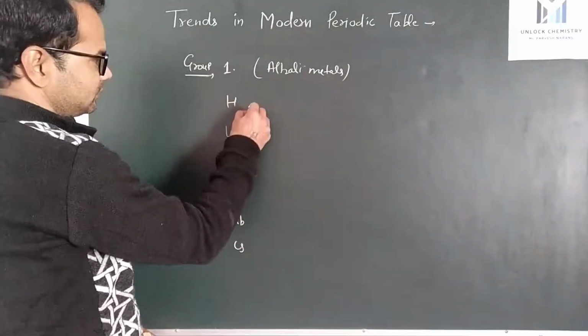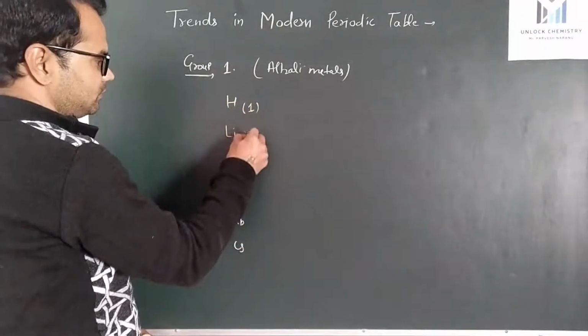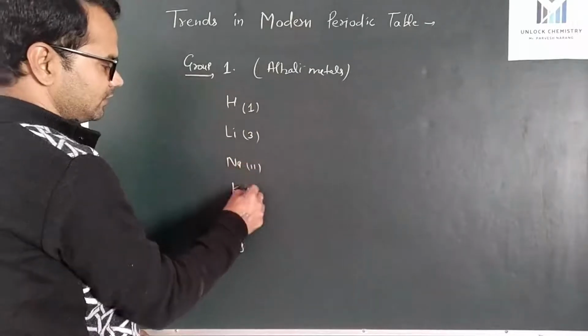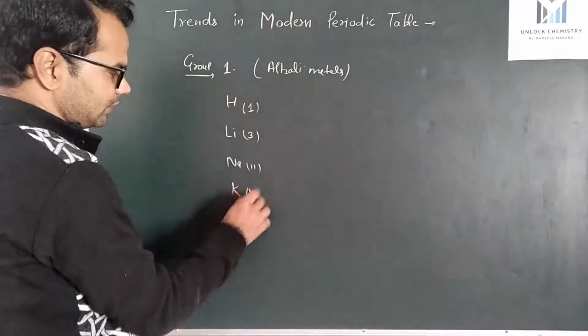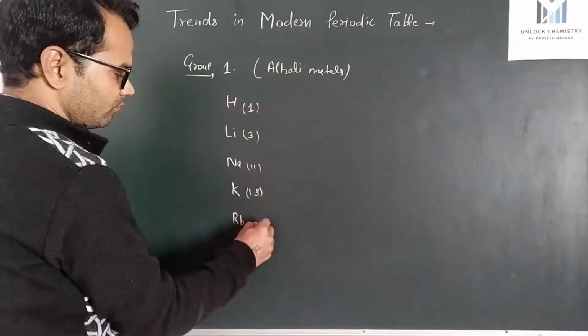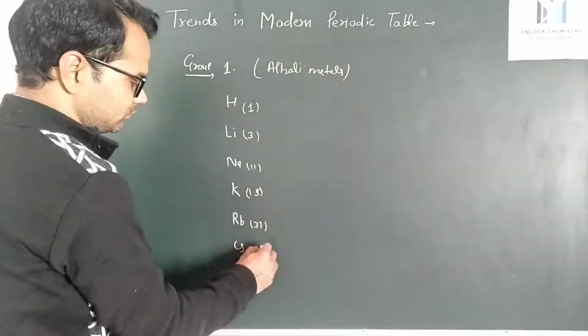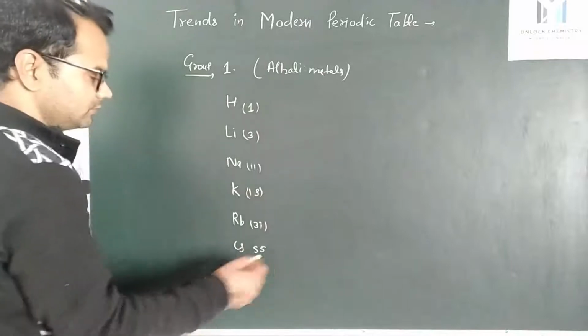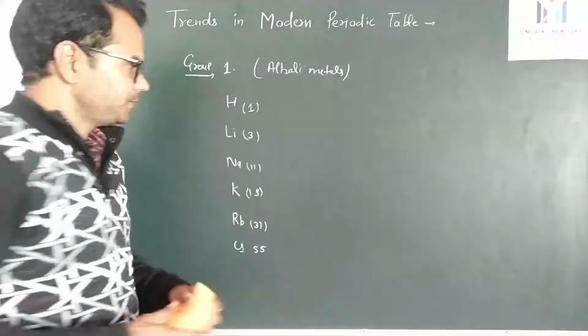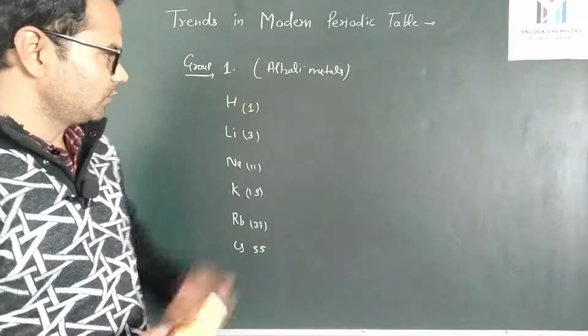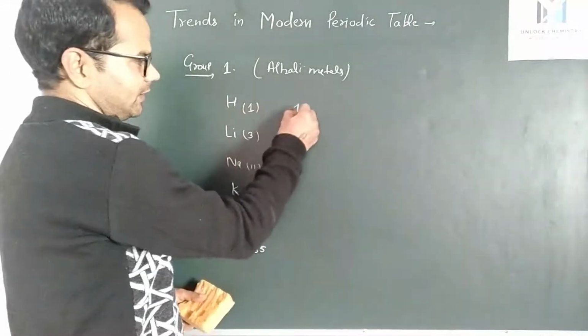Atomic number is 1, 3, 11, 19, 37, 55. So now the electronic configuration is it contains only 1 electron.